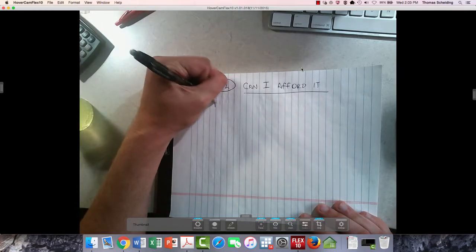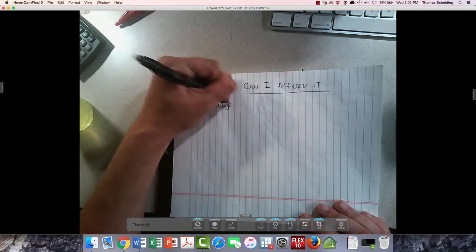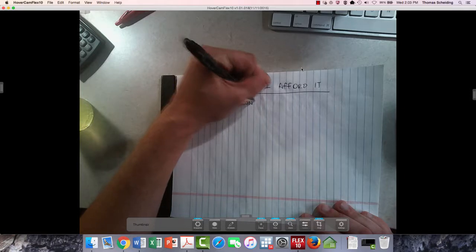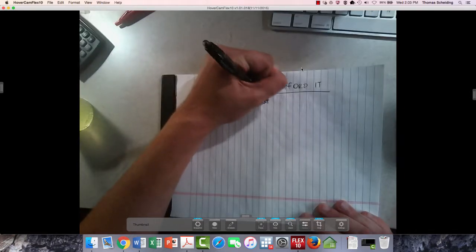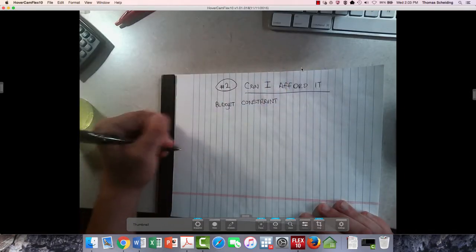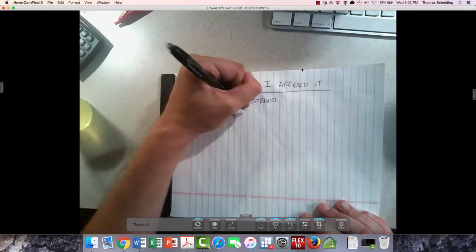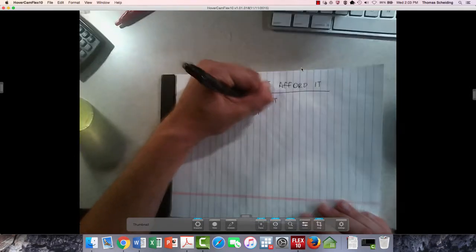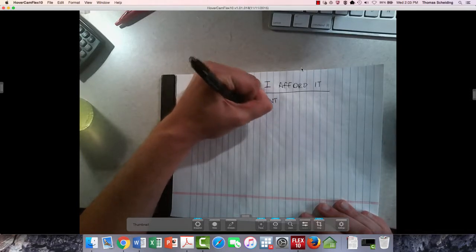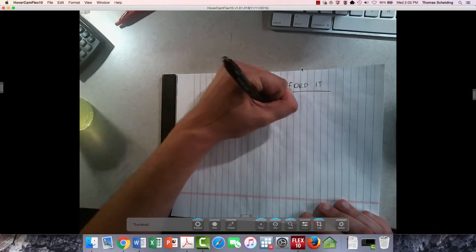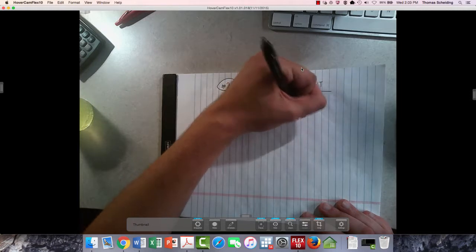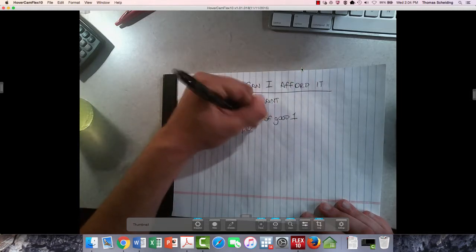Whether a person can afford it or not depends on their budget constraint. And the budget constraint has 3 elements: a person's income, the price of good 1, and the price of good 2.